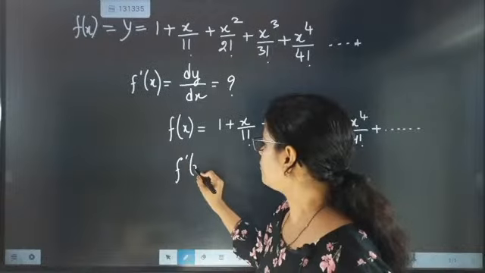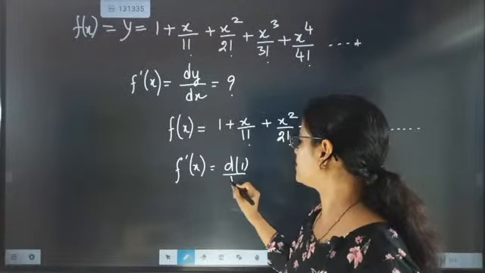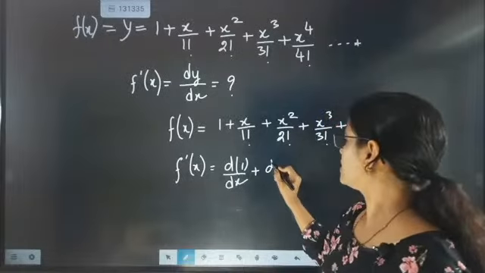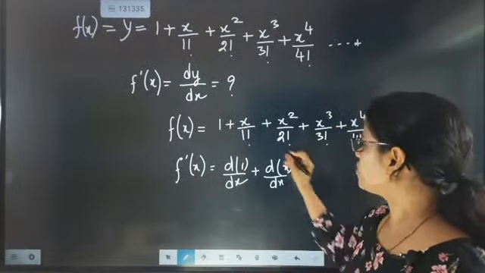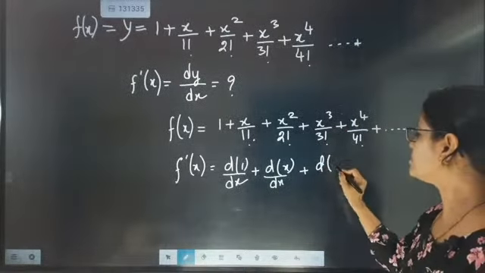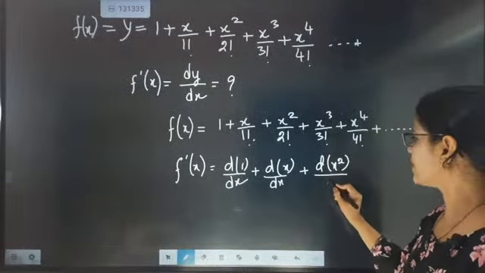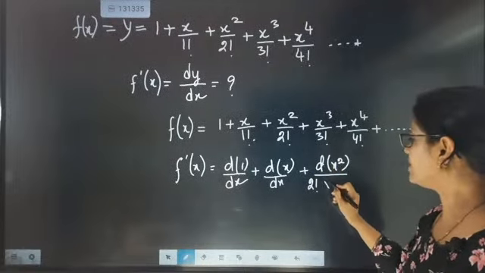Now, if you differentiate it, this will become differentiation of 1 with respect to x, differentiation of x with respect to x. 1 factorial means nothing but 1 only. Now differentiation of x square by 2 factorial.